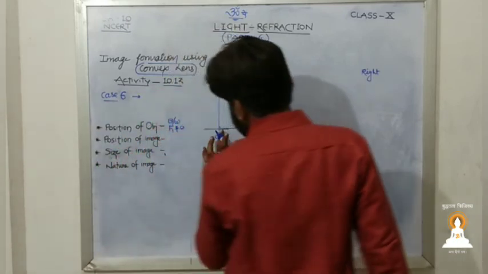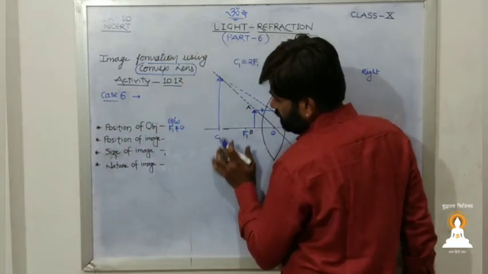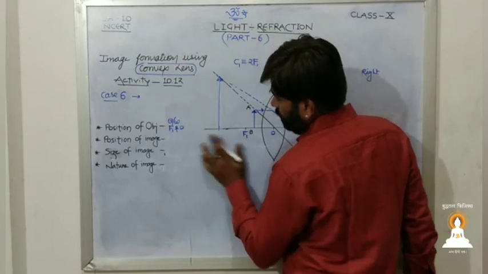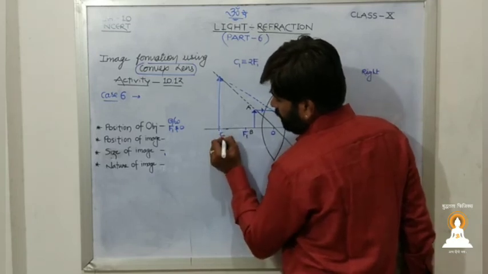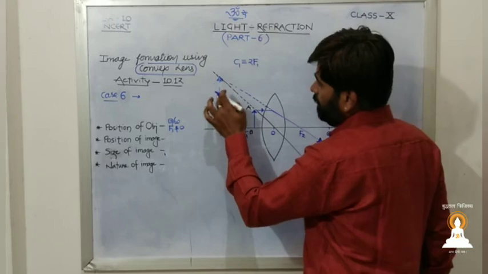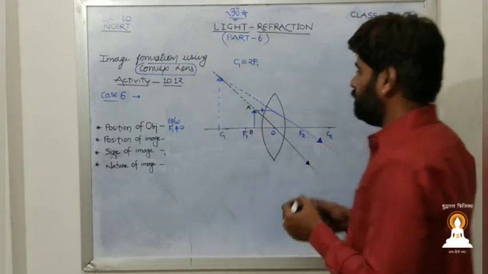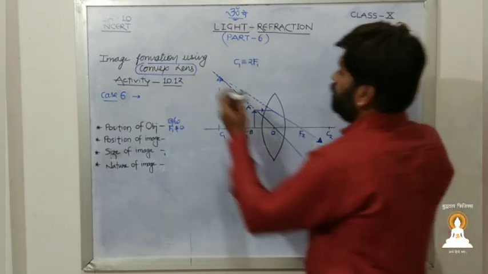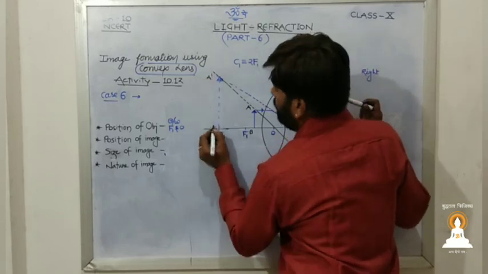Listen carefully: it is a coincidence that it is coming over C1, but irrespective of any place, it may be anywhere. So this is going to be the mid dash line, so this is going to be A dash and B dash.